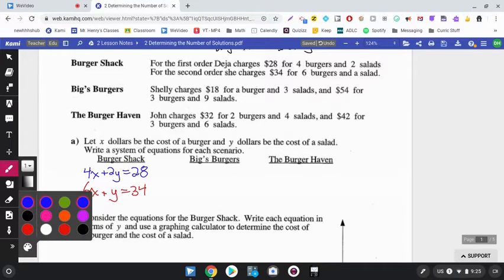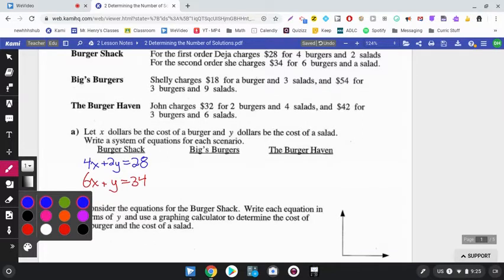Heading over to Big's Burgers, this was Shelly. $18 for a burger, so a single x, plus 3 salads, so 3y, equals 18. The other equation, $54: 3x plus 9y equals 54. Finally, over to Burger Haven.